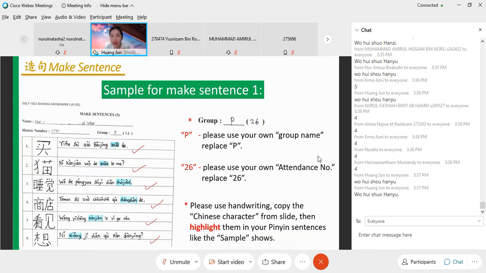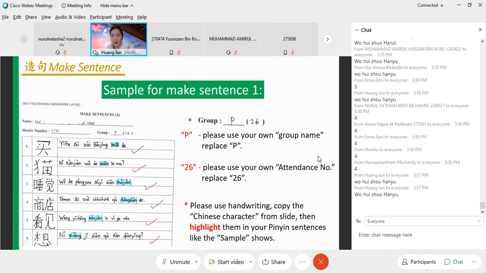Use your pen to highlight. So this is what I need you to do. I already put an example here. If you don't want to follow, you will score 0. Okay. If it's my problem, I didn't introduce, so I will give you the chance. But if I already explained clearly, I already told you.